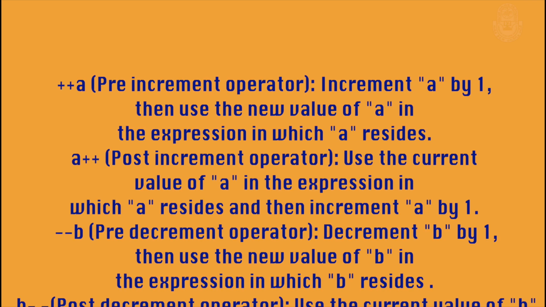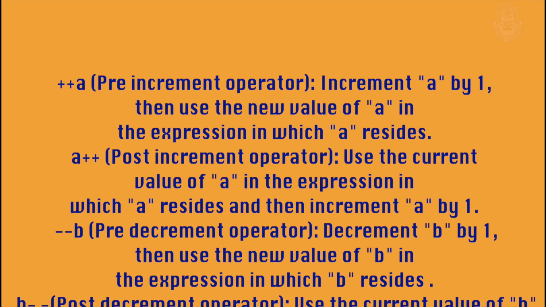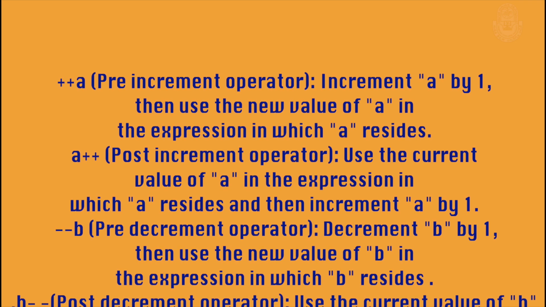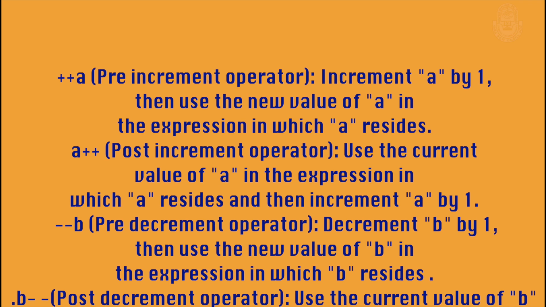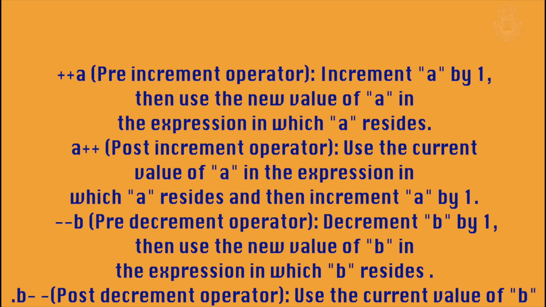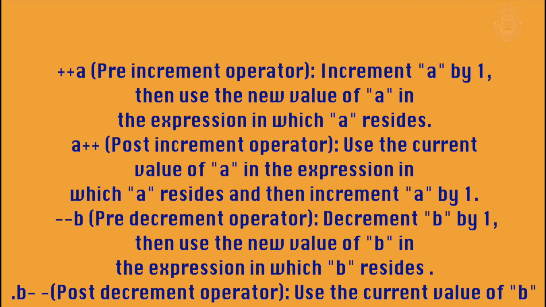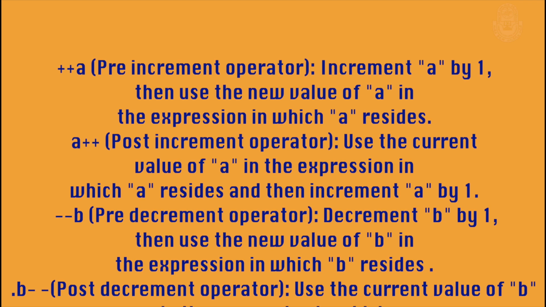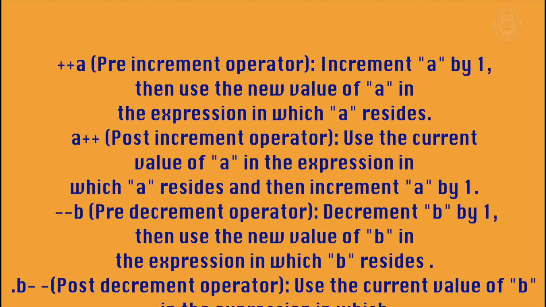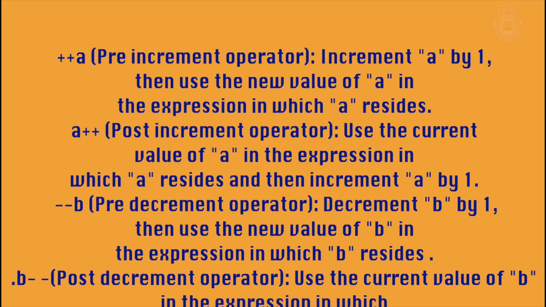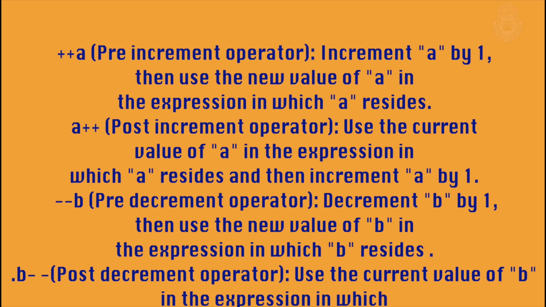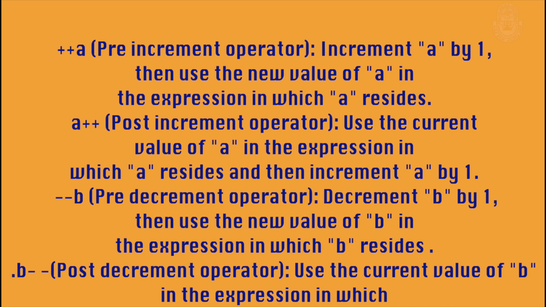Increment a by 1, then use the new value of a in the expression in which a resides. A plus plus means post-increment operator. Use the current value of a in the expression in which a resides and then increment a by 1.